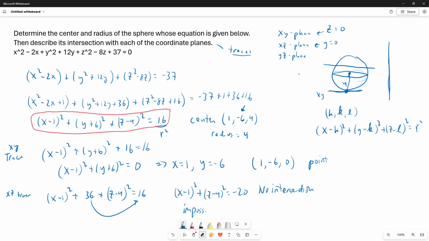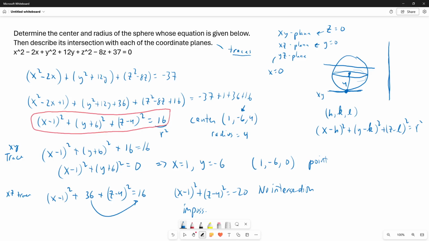Okay, for the last one, the trace in the yz plane, we have to let x equal 0. And the x coordinate of our center is 1, and the radius is 4. So this plane should cut through the sphere, giving us a circle. So we have to let x equal 0 in this equation, and this should give us a circle in the yz plane.